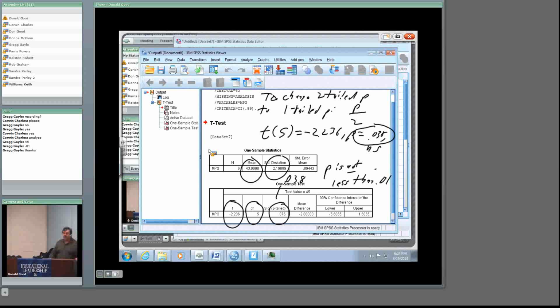The question is, is our p-value less than our alpha level? That's what it comes down to. Is P less than alpha? If it is, it's significant.